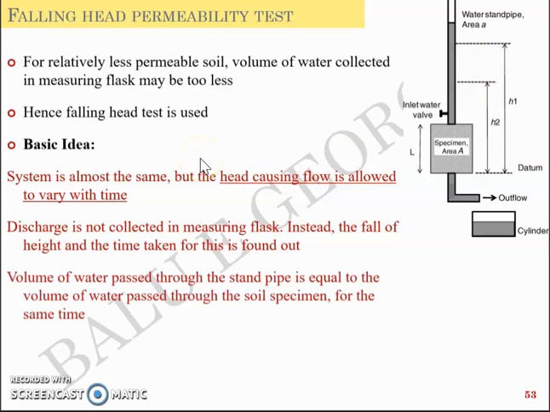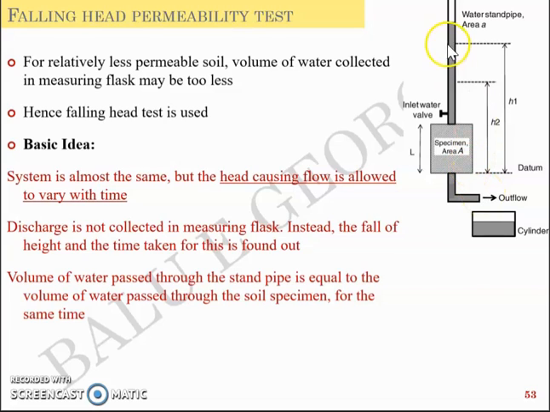Now, the volume of water passed through the standpipe is equal to the volume of water passed through the specimen and will be equal to the volume of water that passes through the outlet pipe. So this is the basic idea.